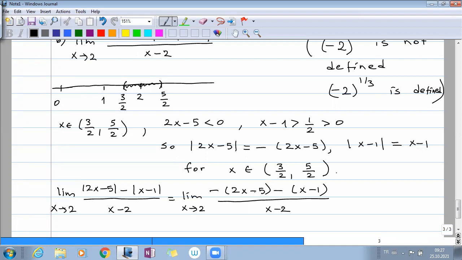So minus 2x minus x is minus 3x, plus 5 plus 1 is plus 6.